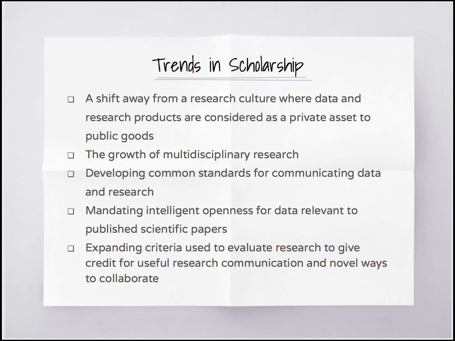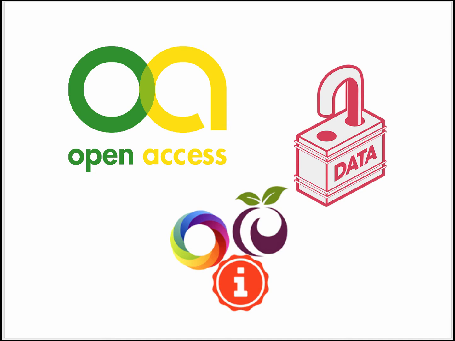We're mandating an intelligent openness for data relevant to published scientific papers. And we're expanding the criteria used to evaluate research to give credit for useful research communications and novel ways to communicate. Among the movements that you'll see in terms of our trends are the open access movement, the altmetrics movement, and the open data movement.